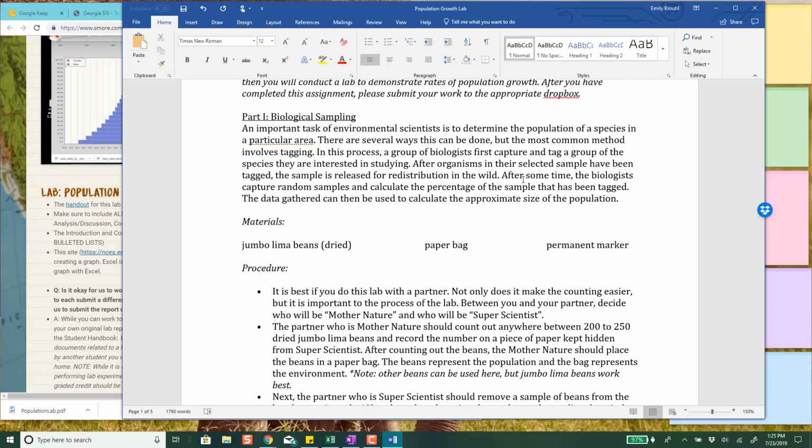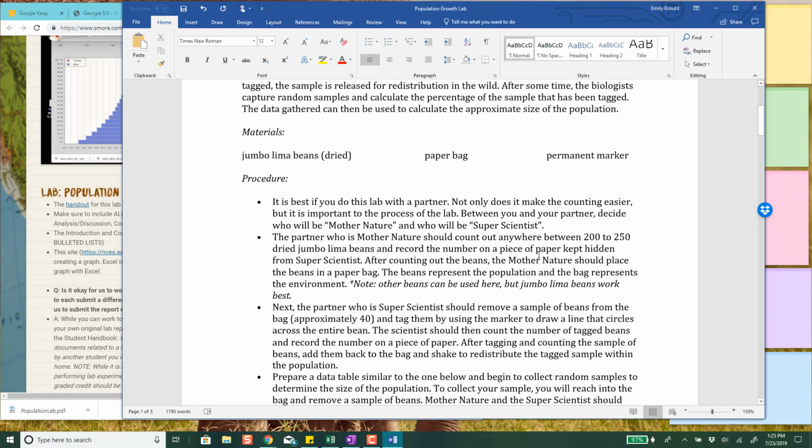In this case you're going to use lima beans. You'll get about 200 to 250 lima beans, and you're going to remove a sample of beans. Take a handful and get around 40. If you've got a little more or a little less than 40, that's okay.